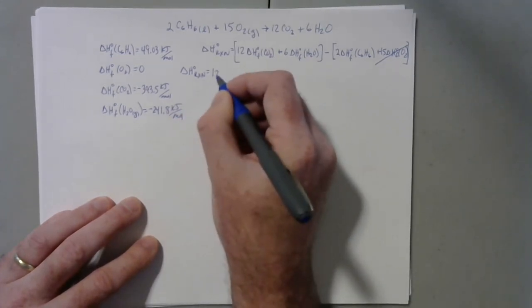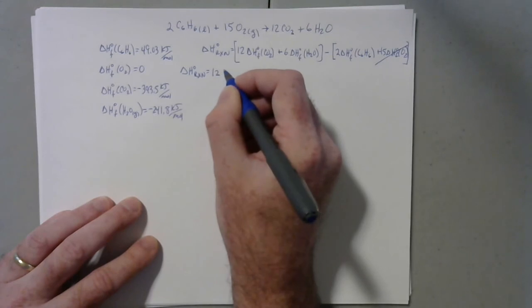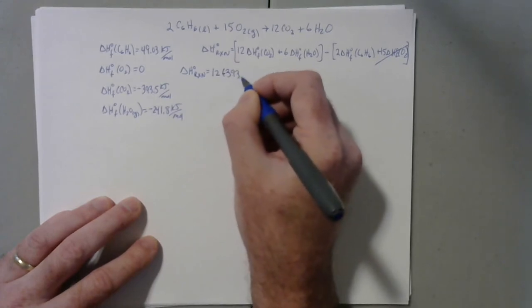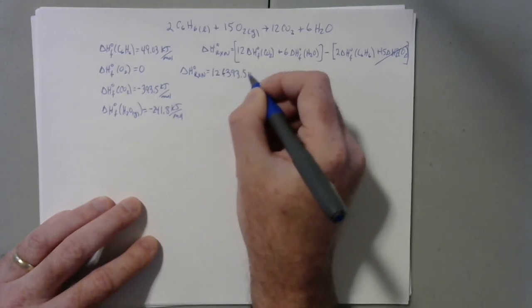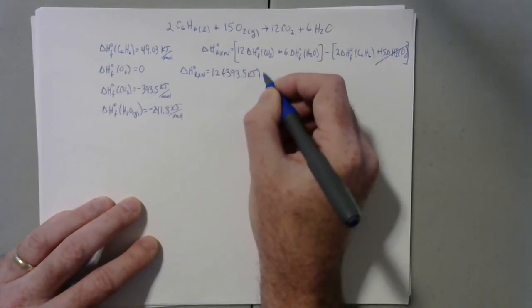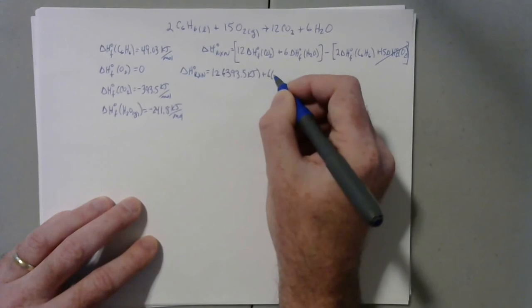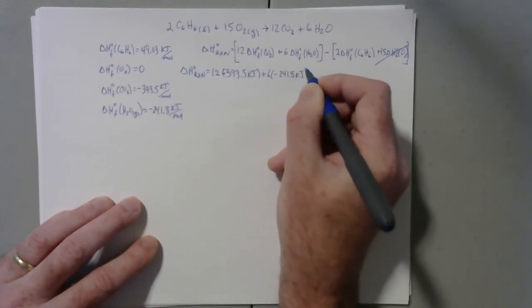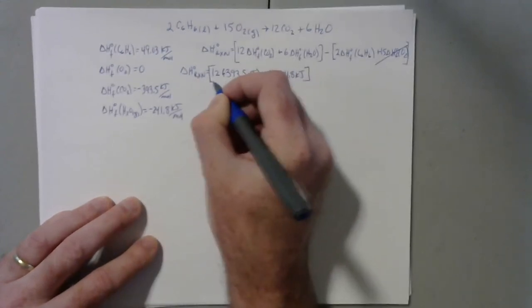So we're going to have 12 times a negative 393.5 kilojoules, plus 6 times a negative 241.8 kilojoules. That again is my product side.